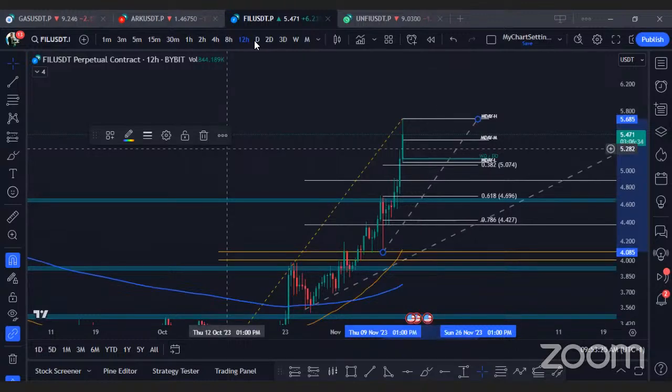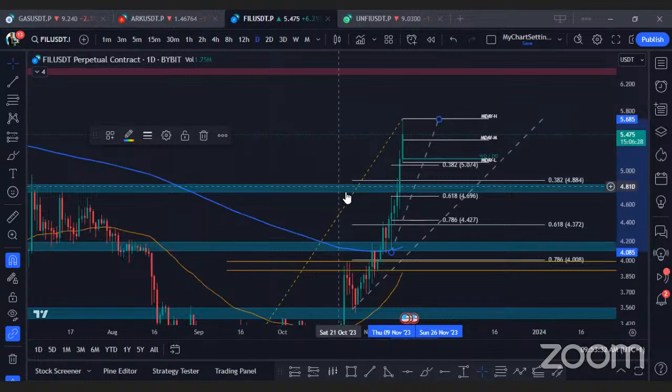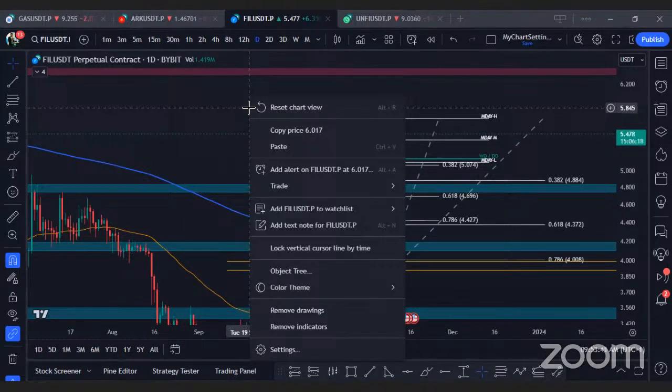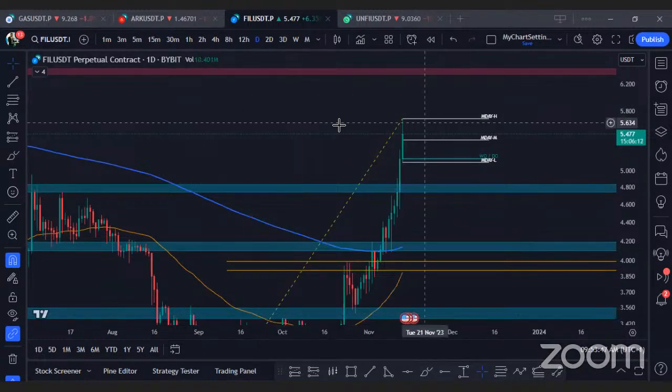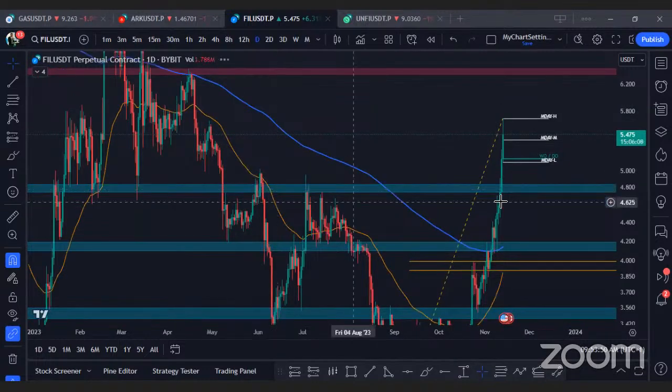If I look at the higher time frame, we have our support down there at 4.8. This support area was previously resistance at that $4.8 level.